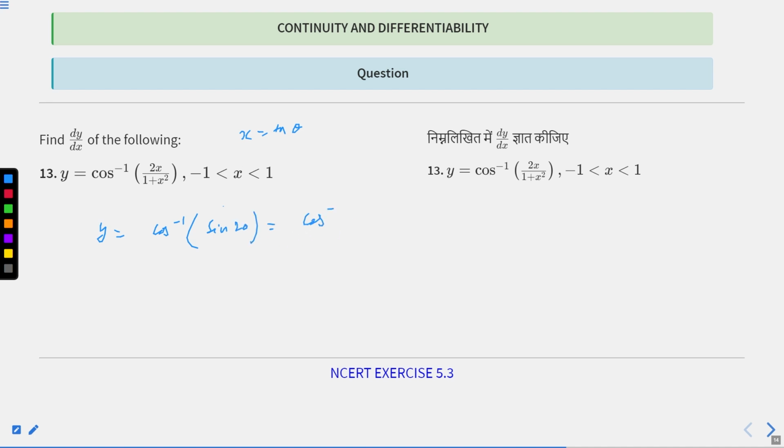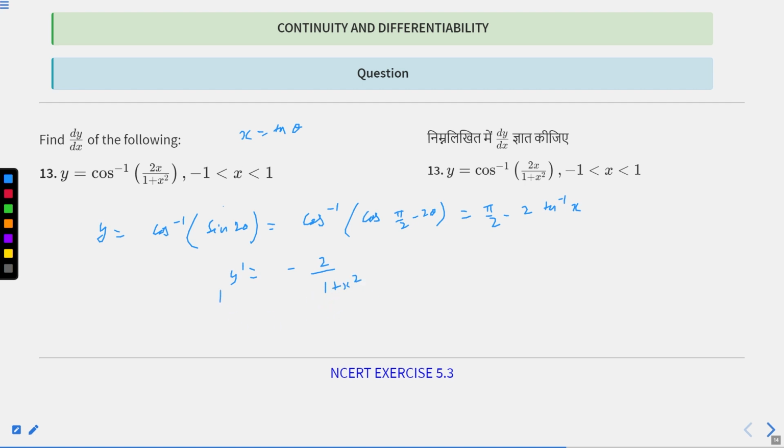In terms of cos, it can be easily reduced to cos of 90 minus 2 theta, the same approach. This will be tan inverse theta, which is tan inverse x, and if you differentiate it you will get minus 2 over 1 plus x square, the same answer.